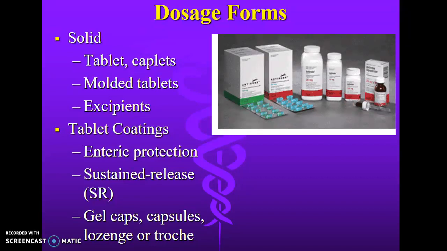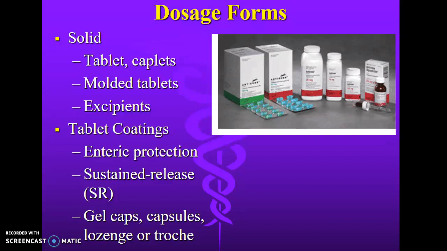So a tablet, a caplet, which is a capsule-shaped tablet, molded tablets. If you give your dog HeartGuard, they get a tablet that is molded into a rectangle and has a flavoring in it. And so aside from the drug that's in these tablets in solid forms, there are inert ingredients or inactive ingredients, which are called excipients.